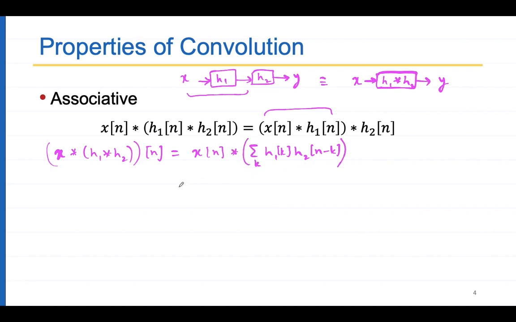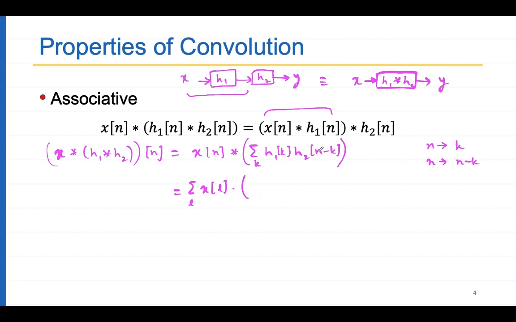And I can further open up the next convolution. So basically what I have to do is replace, in the first term I replace n with k, in the second term I replace n with n minus k. So in this case I take another variable, let's say L, so I replace x with x[L] multiplied, summed over all L, with this term.